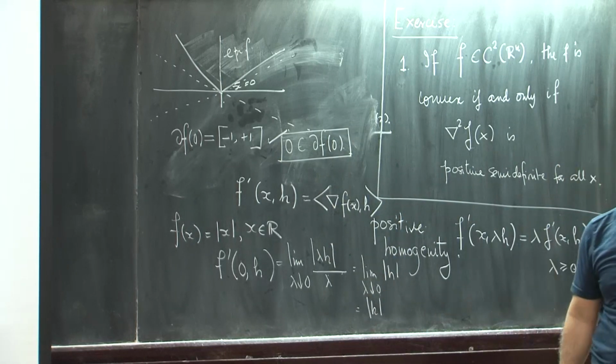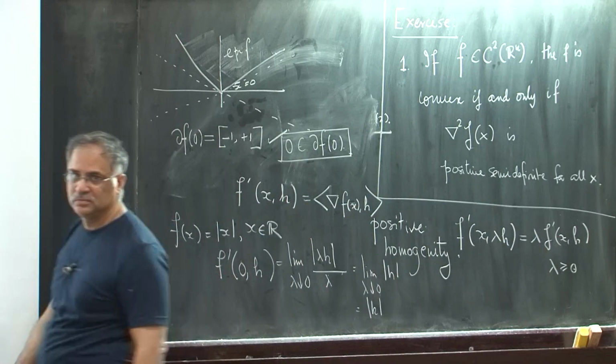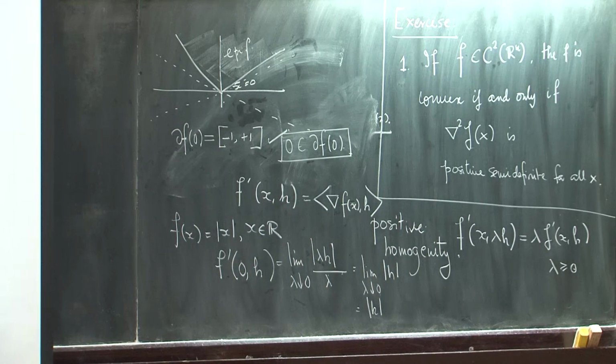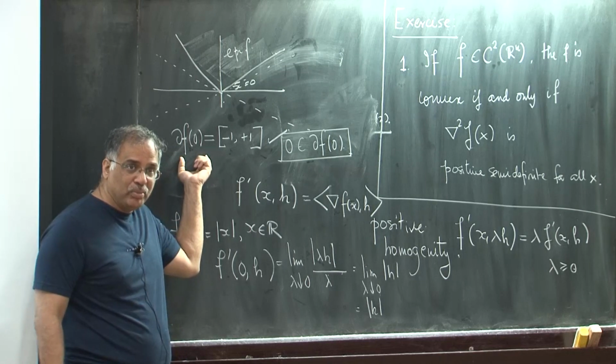So the necessary condition for optimality, Fermat's rule, is captured here, and that is the key fact. As a result you can think of this object as a good way to replace the gradient.